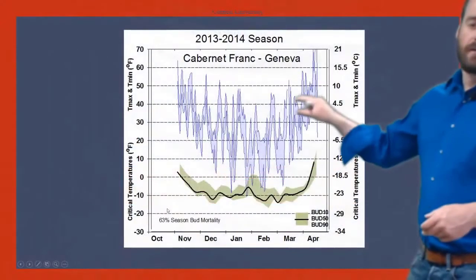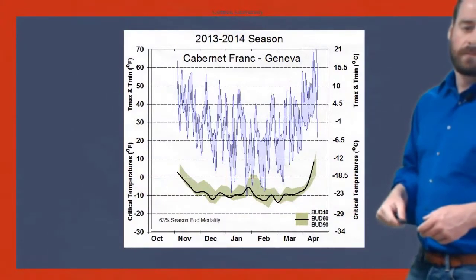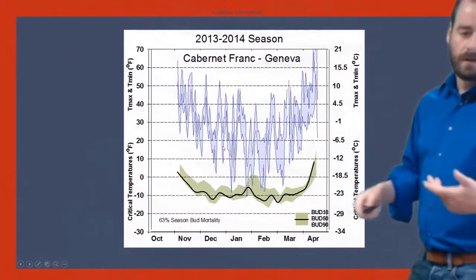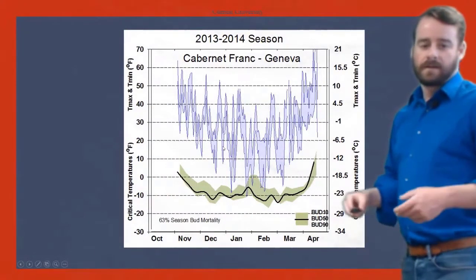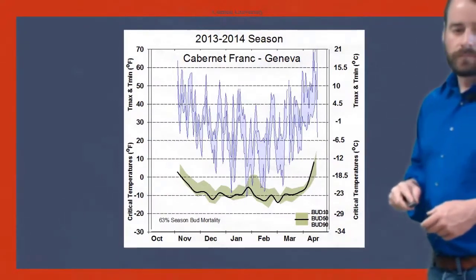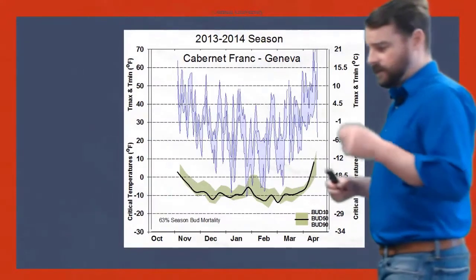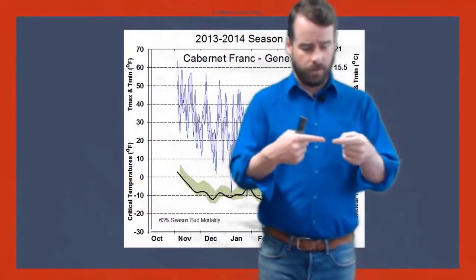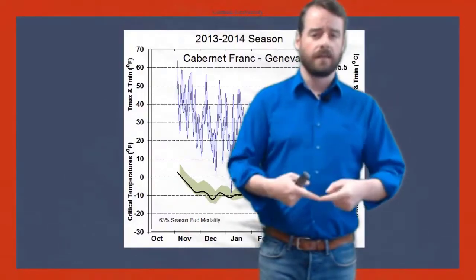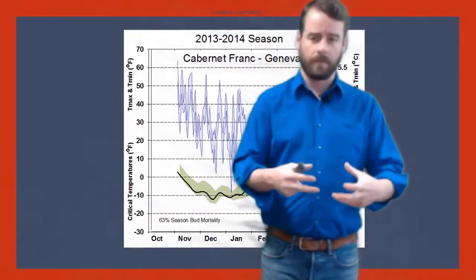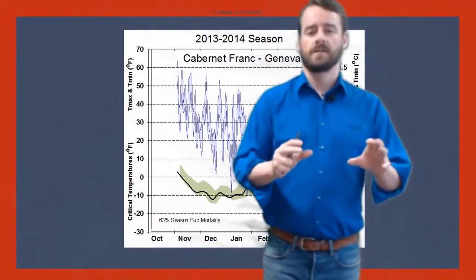All right. This is what the graphs look like that the universities will put out. So this is from Cornell. This is some Cabernet Franc data. And what they do is actually go out and excise buds from the grapevine. They put little thermocouples inside the bud, and then they put those thermocoupled buds into a freezer that they can lower gradually.